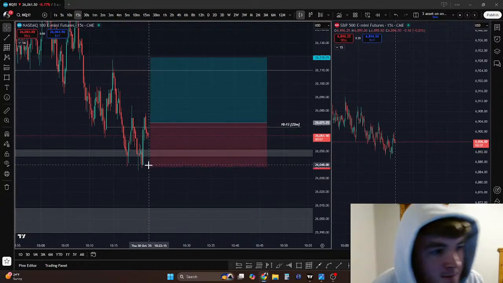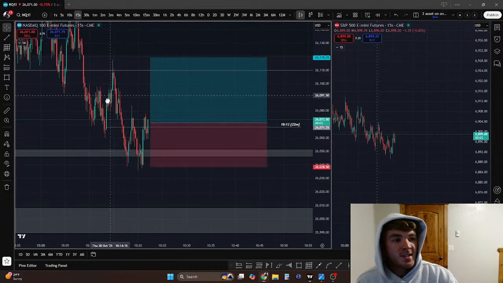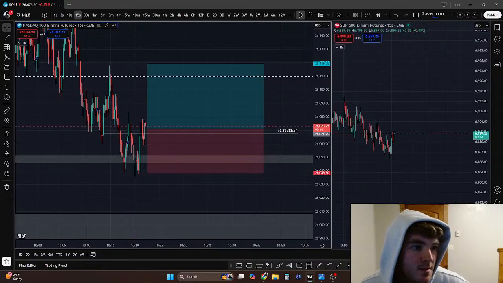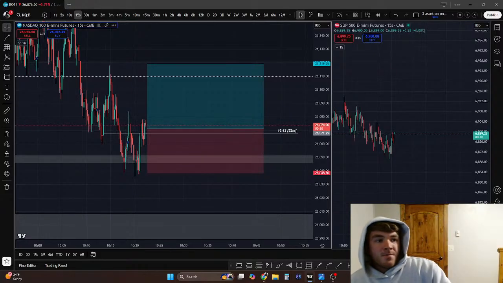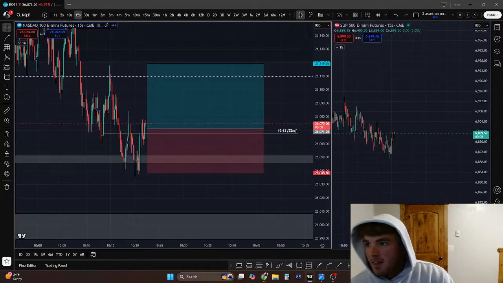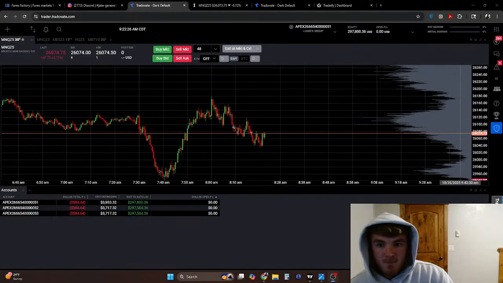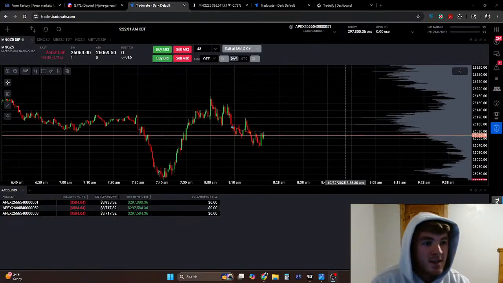So it's saying 0.6, but I'm really only doing 0.4 because that's all the stop loss I have left. If we get this change in state, I'm in. I'm gonna wait for a more obvious one. So we haven't gotten it yet.